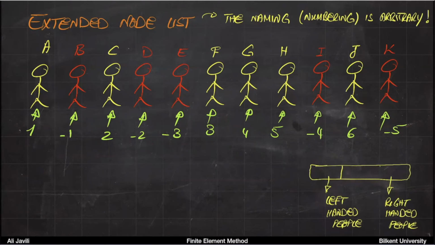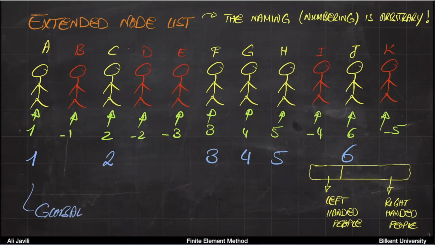So that means if you think of the global degree, this guy would have the global degree 1. This guy would have the global degree 2, 3, 4, 5, 6. These are their global degrees, okay? And once you are here, as I mentioned, you know now the maximum positive number is 6.